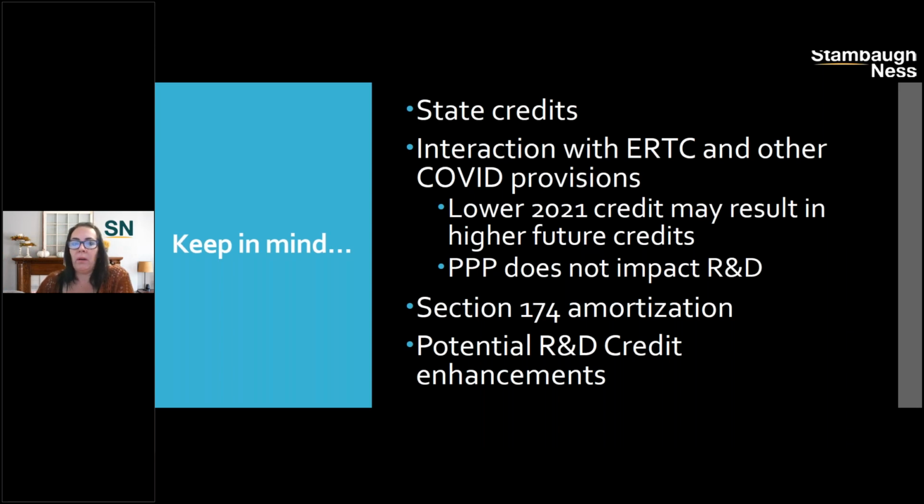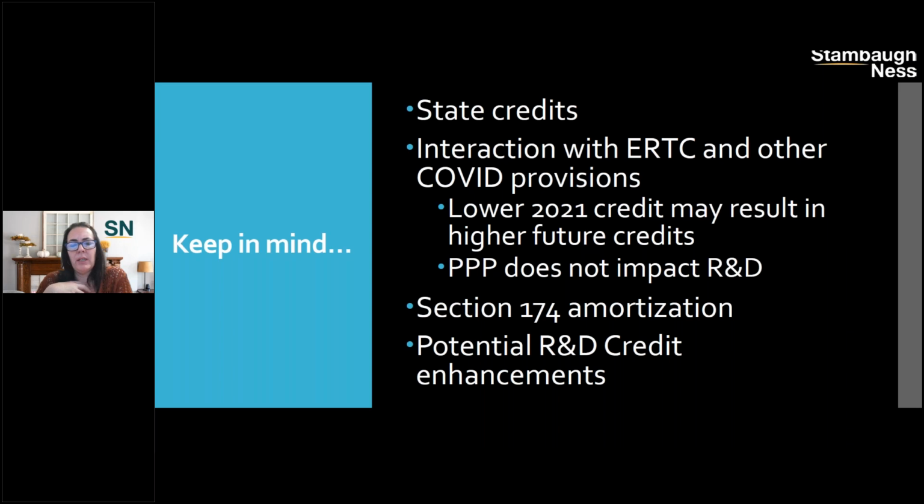So there are reasons and explanations for why your credit might be lower in 2021. But remember, if you are using the alternative simplified tax credit moving forward, you actually are helping yourself. Yes, you might have a lower credit in the current year for 2021, but moving forward, you'll have that lower base period year, and your credit should increase. And then just a reminder, PPP does not impact R&D.